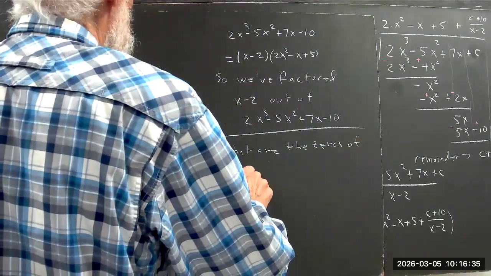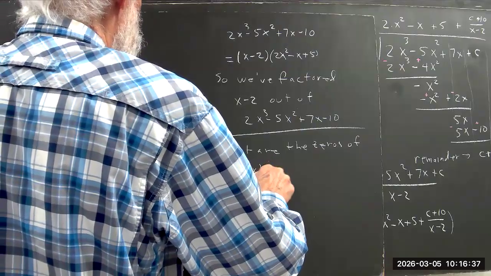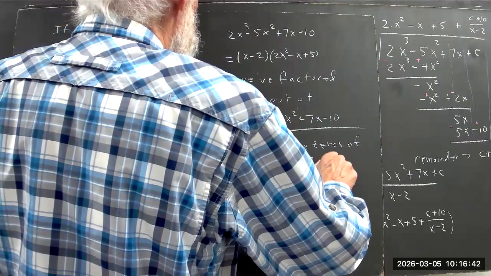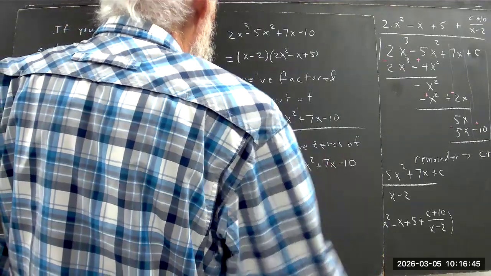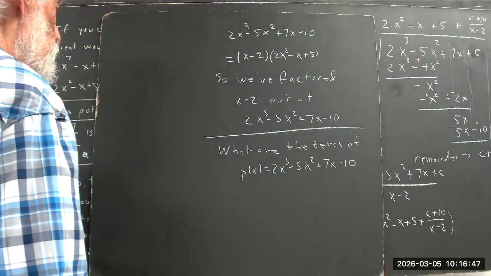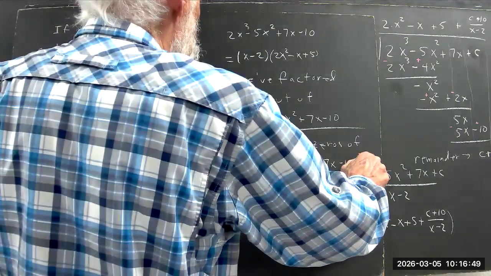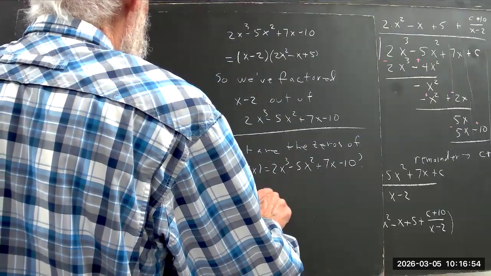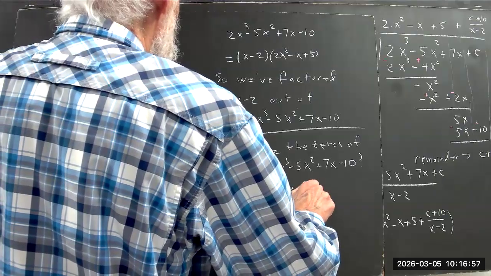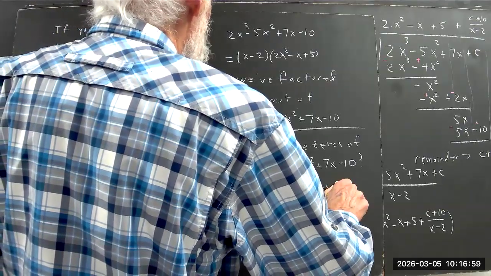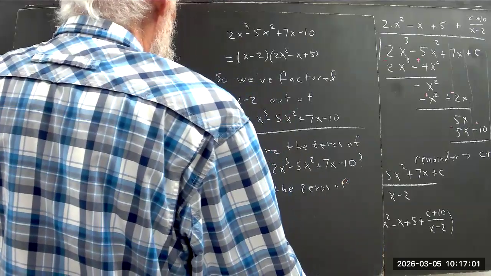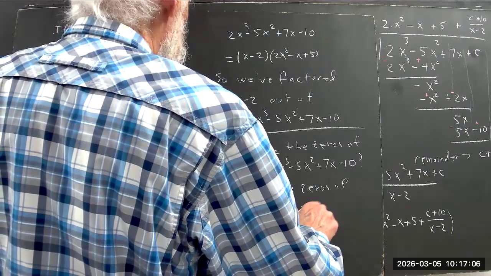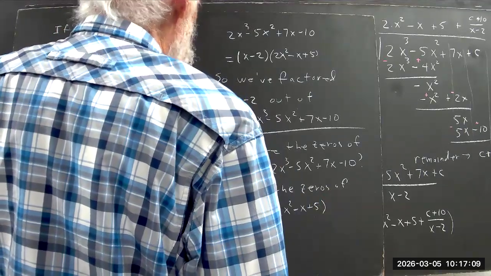So if we want to find the zeros of p of x equals 2x cubed minus 5x squared plus 7x minus 10, we can say that those are the same as the zeros of the quantity x minus 2 times 2x squared minus x plus 5.